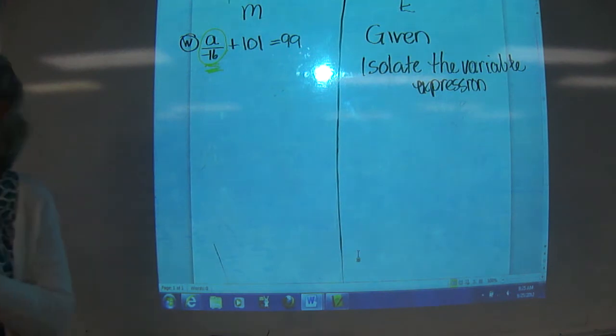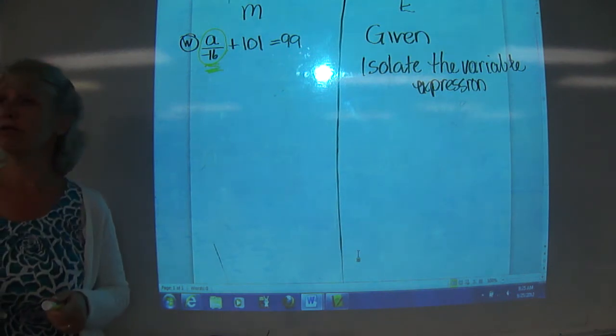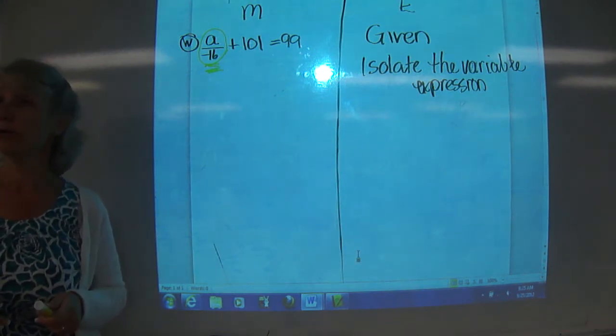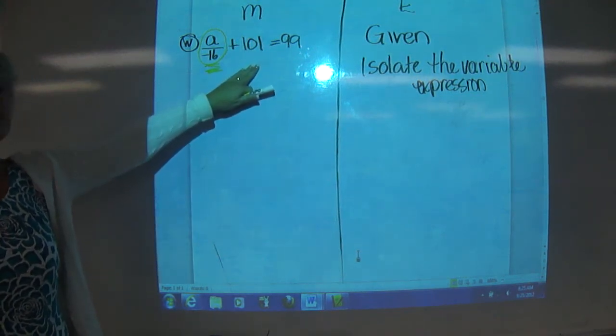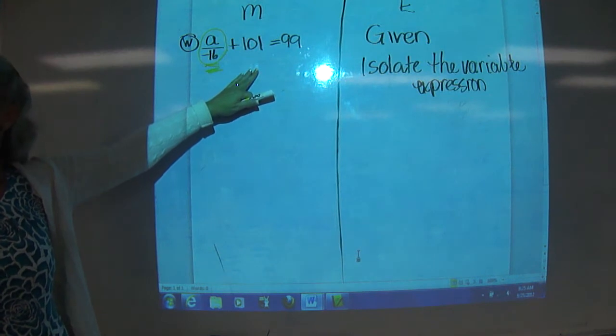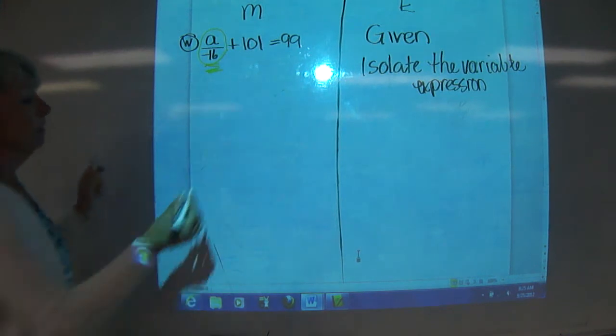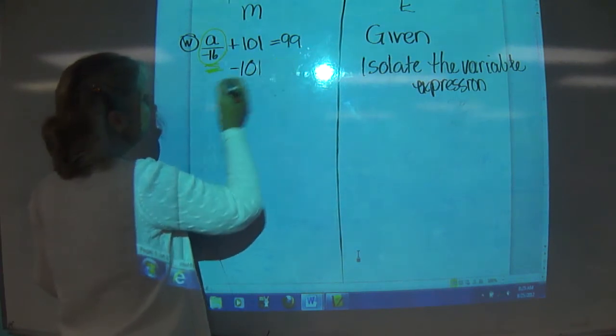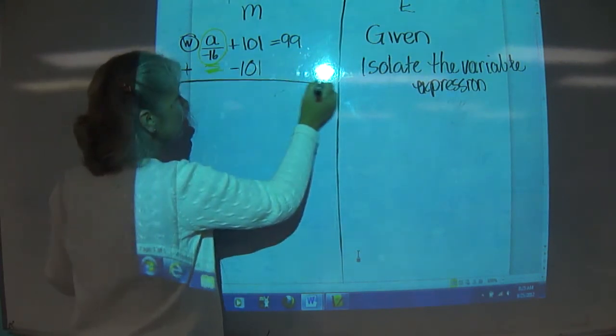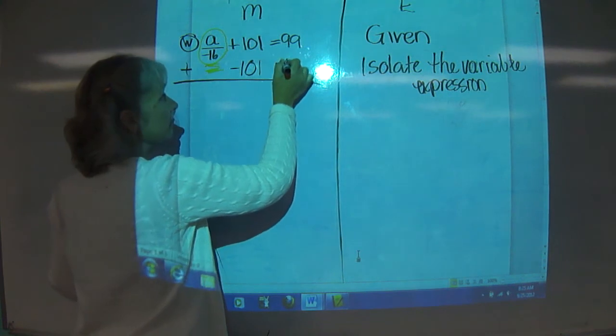So, who's A over negative 16 hanging with? 101. So what is 101's opposite? Negative 101. And we're going to add that to each side of the equals sign.